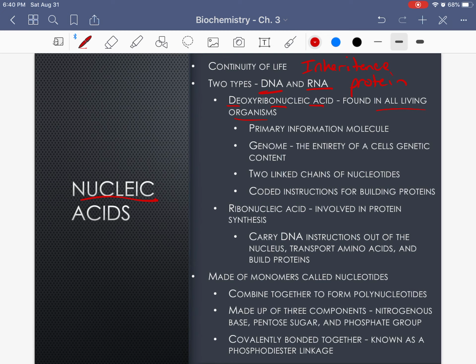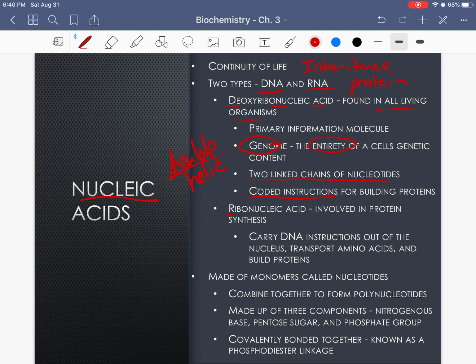When we talk about the entirety of the DNA within a cell or within an organism, we're talking about the genome. And they are made up of 2 linked chains. It is a double helix. So it's made up of 2 linked chains, and it contains coded instructions that allow us to build all of the proteins that we need to function.